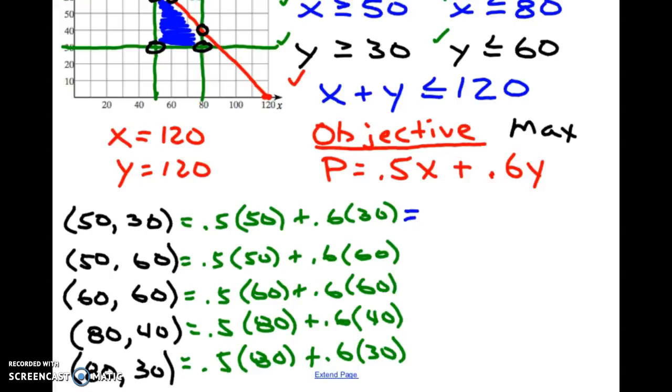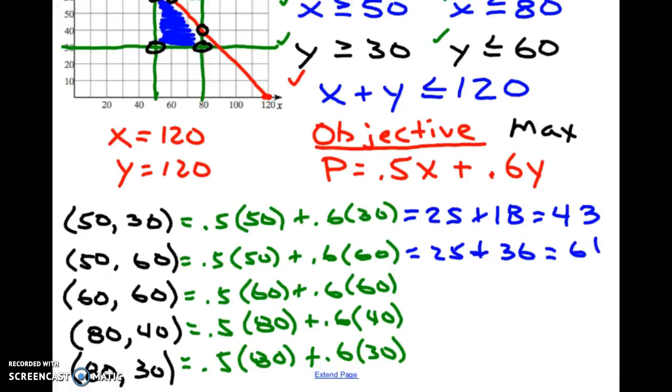So if we do the math here, 0.5 times 50 will be 25. 0.6 times 30 will be 18. 25 plus 18 will be 43. Second one, 0.5 times the 50 will be 25. 0.6 times the 60 will be 36. 25 and 36 should give us 61. Third, 0.5 times the 60 should give us 30. 0.6 times the 60 will be 36.